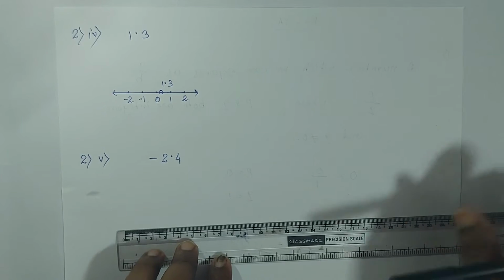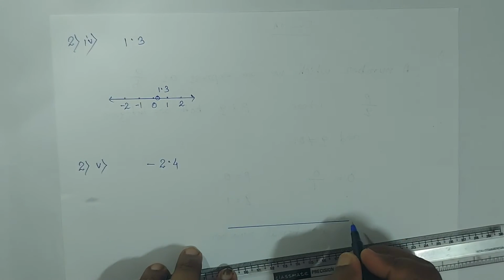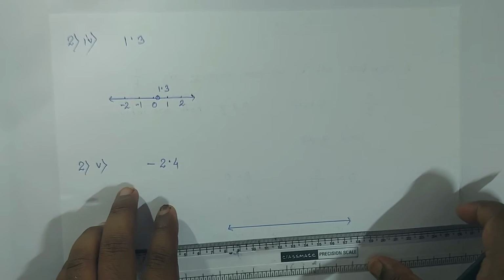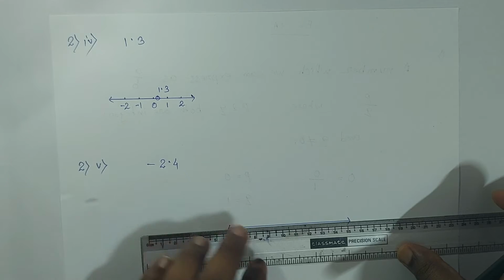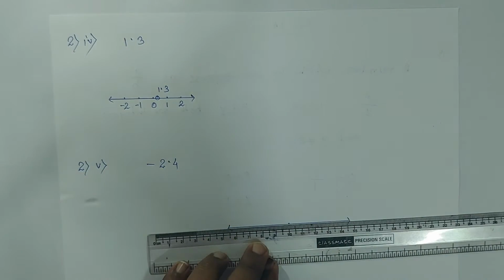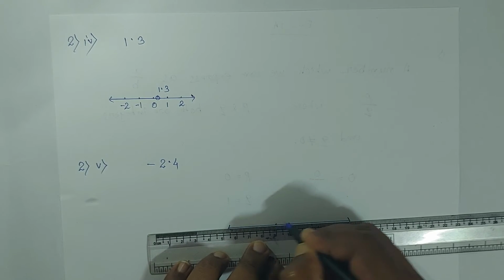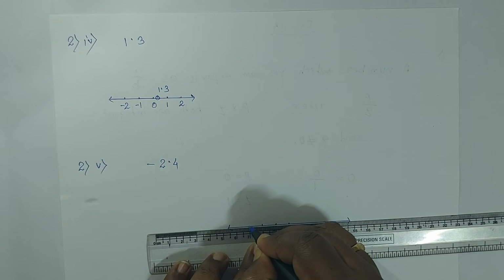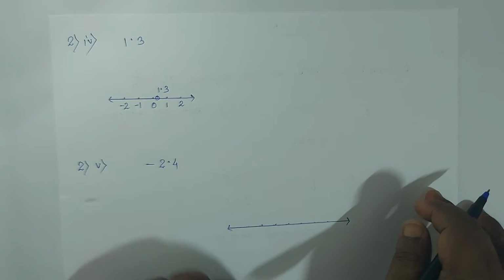Like the previous one, first draw a line that is obviously larger than 2.4. Let this be 0, then this is minus 1, minus 2, minus 3, minus 4, and plus 1, plus 2, plus 3.